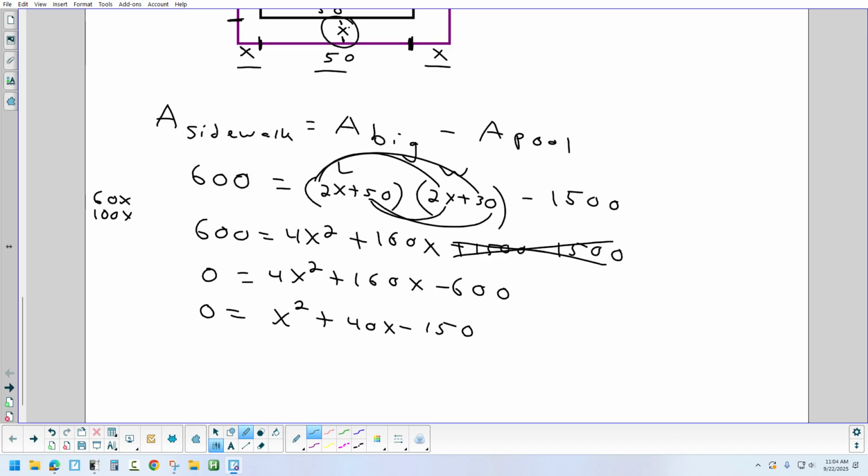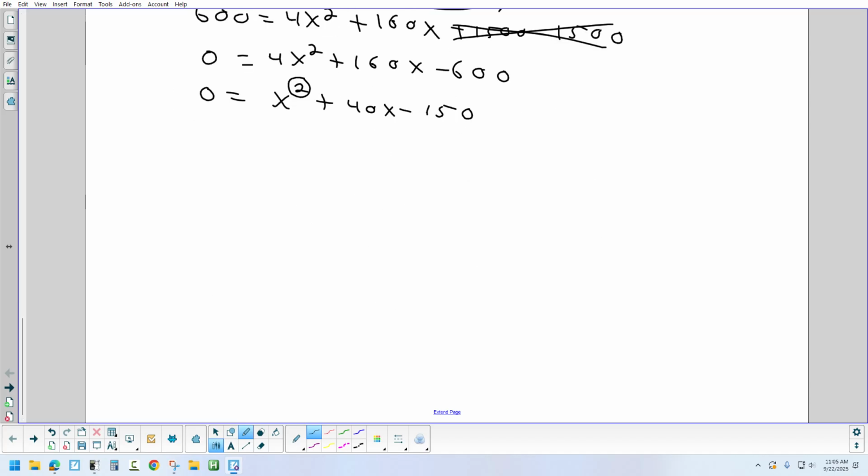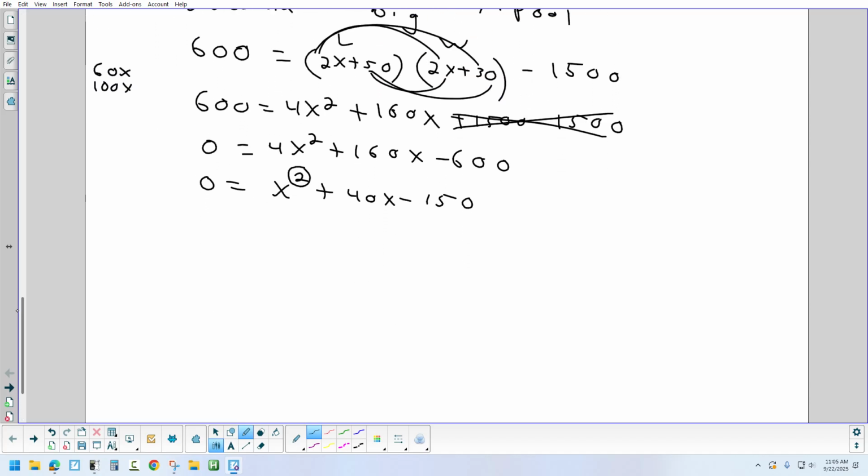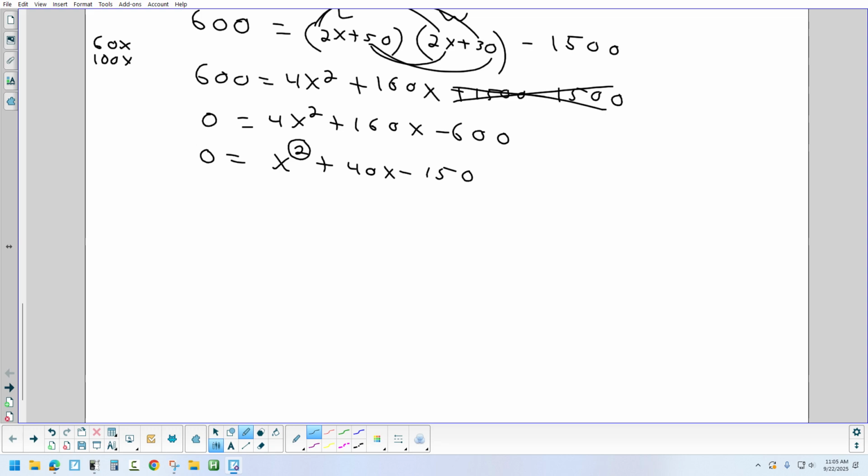What's another way you can solve an equation that has a highest exponent of 2 besides factoring? The quadratic formula. So that was the real point of this problem, just to quickly review the quadratic formula. Can somebody tell me what the quadratic formula is?